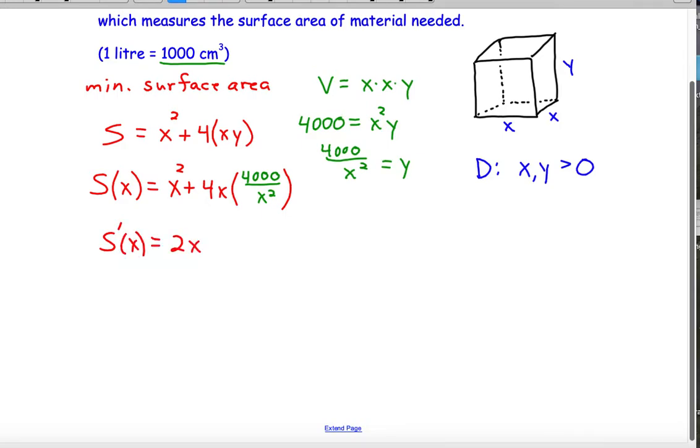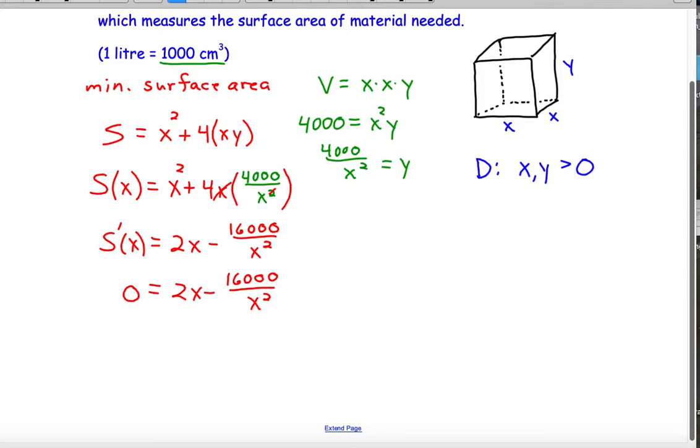So we get 2x. So that's 16,000 over x, and so the derivative of that is going to be negative 16,000 over x squared, because that cancels with that, and that's x to the negative first power. Okay, so now we're going to set this equal to 0 and solve for x.